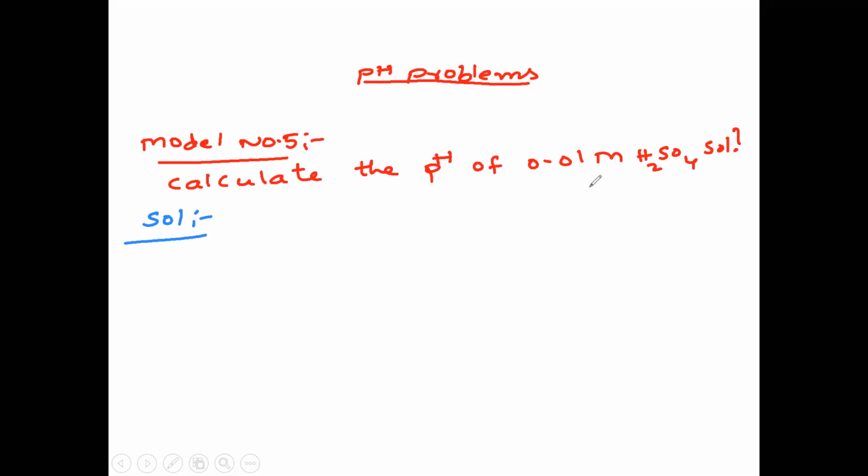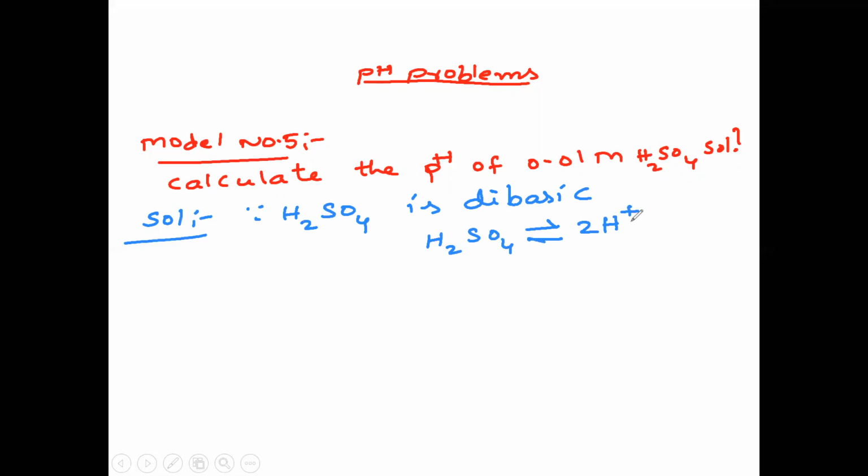So since sulfuric acid is dibasic, H2SO4 when dissolved in water yields 2 H plus ions. That's why it is called dibasic, and SO4 2 minus.